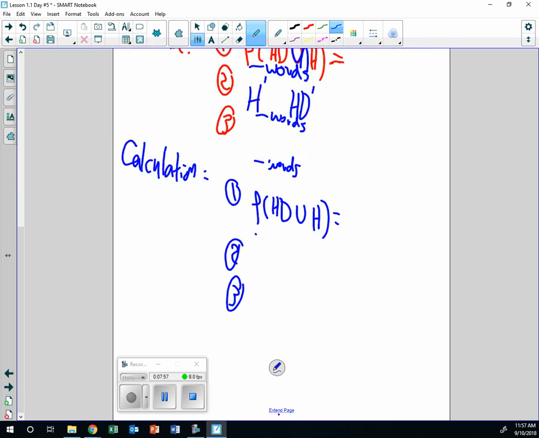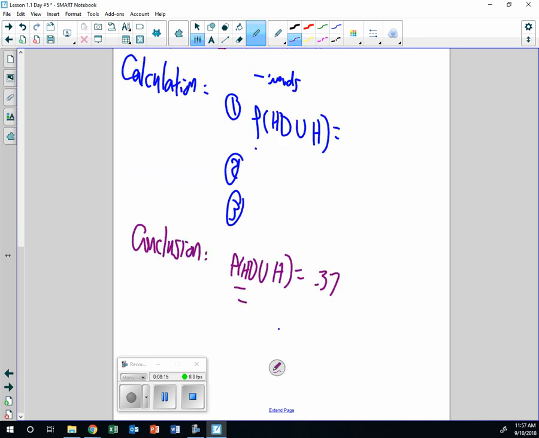Then your final part will be your conclusion, and your conclusion will simply be, boom, P(H union B) equals 0.37 or whatever it is. And we'll do that for those 3. I'd even number them, 1, 2, 3.